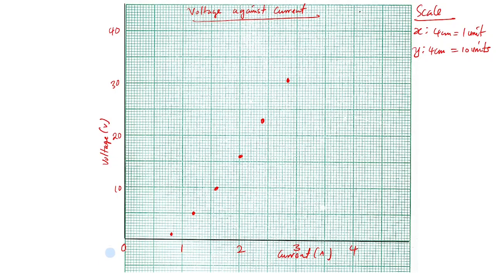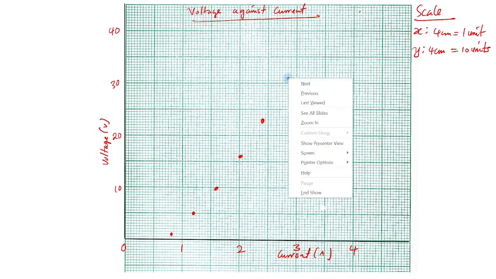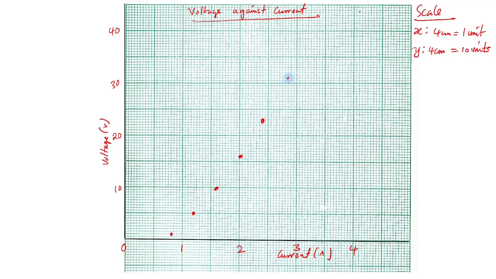Then, oh, that's not 31. 2.6, 2.7, 2.8. 31 will be this point here. Yeah, 31.